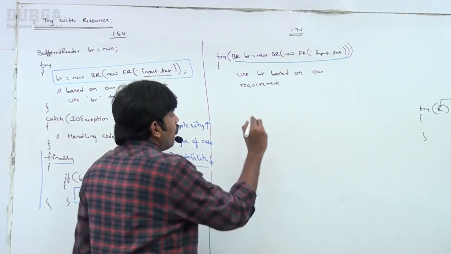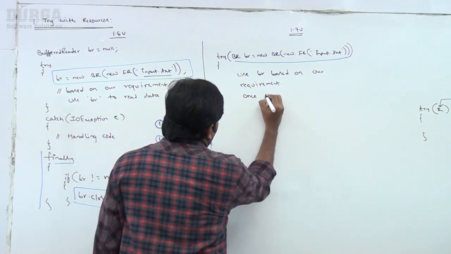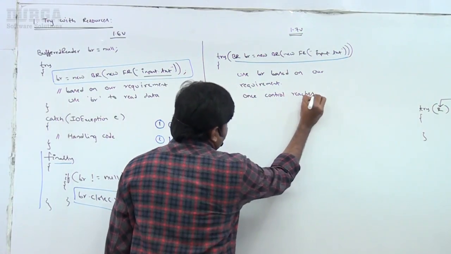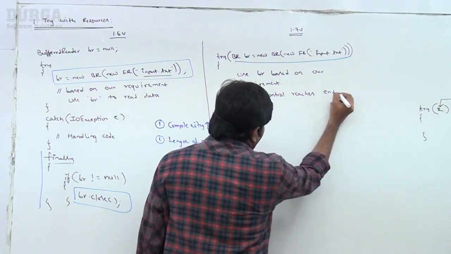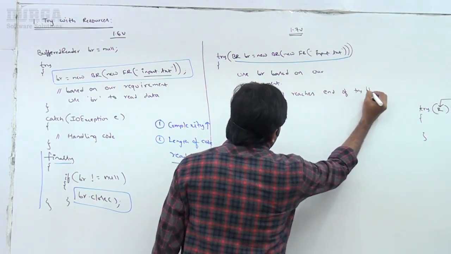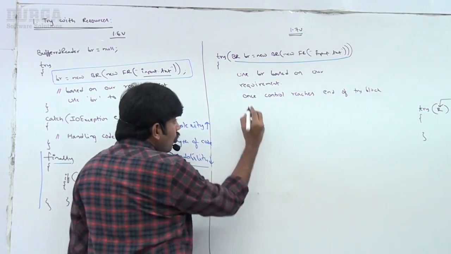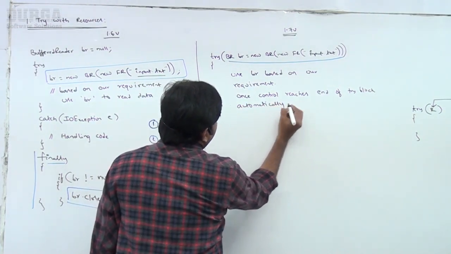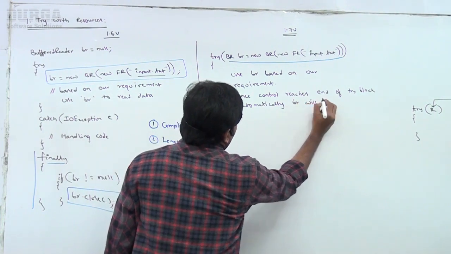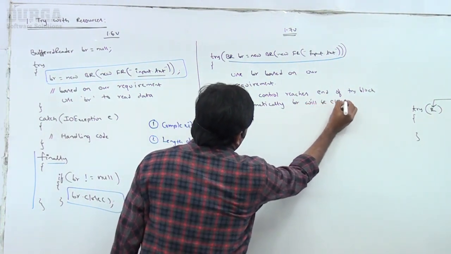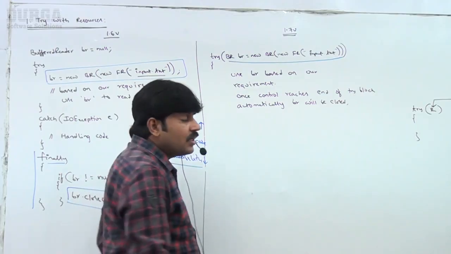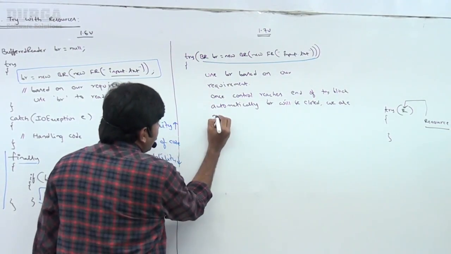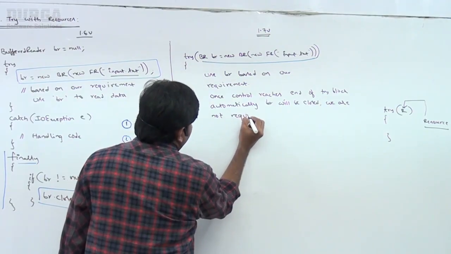Observe this one, sir. Once control reaches the end of try block, automatically br will be closed, and we are not required to close explicitly.